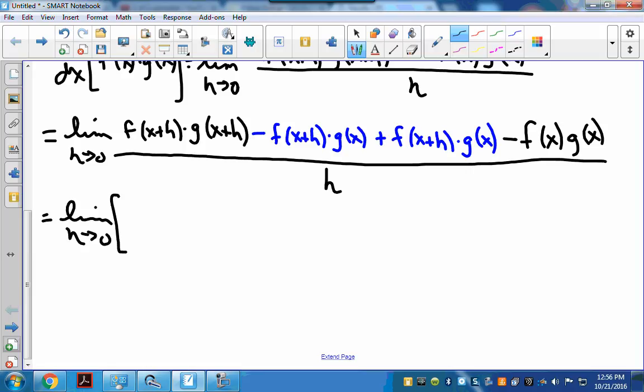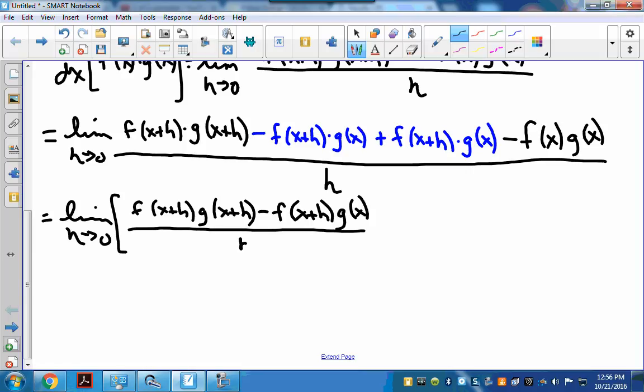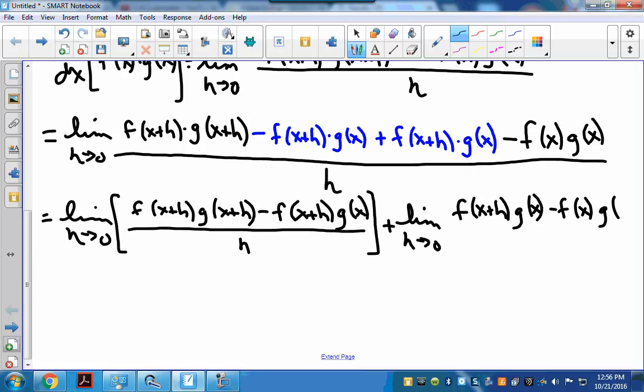The first fraction has f of x plus h, g of x plus h, minus f of x plus h, g of x, over h, and then plus the limit as h goes to 0 of f of x plus h, g of x minus f of x, g of x over h.